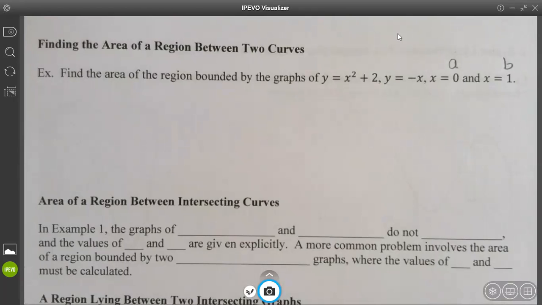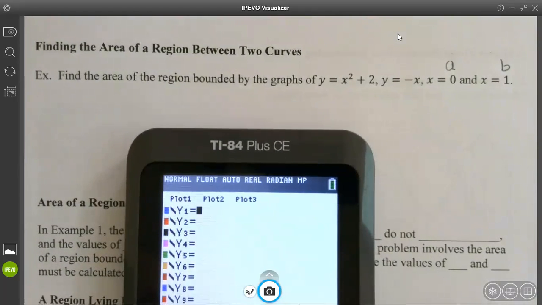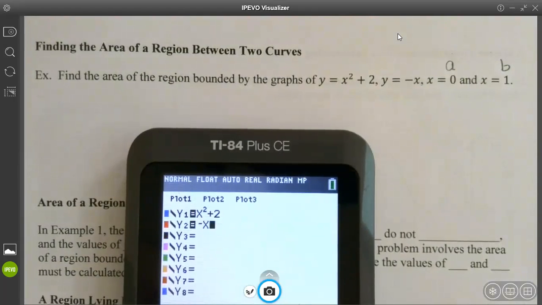We're going to be plugging in values, so you're probably going to use it.